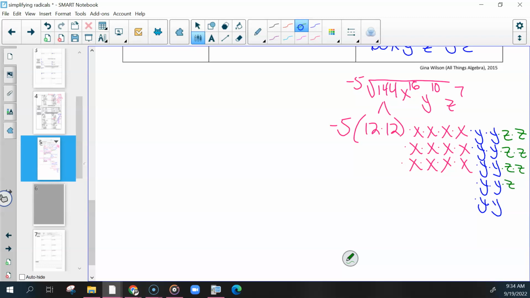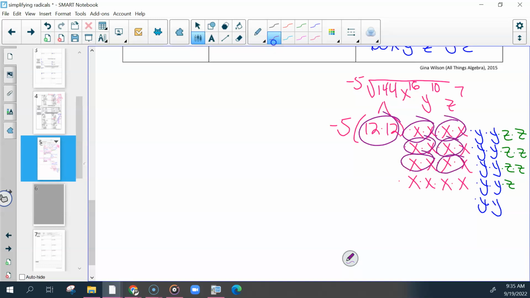And then we go through and find all of our pairs. Say that again. Oh yeah, I am definitely going to use x's. Thank you. Okay, so a pair of 12s, 8 pairs of x's, 5 pairs of y's, 3 pairs of z's. Only thing left over is 1 z.